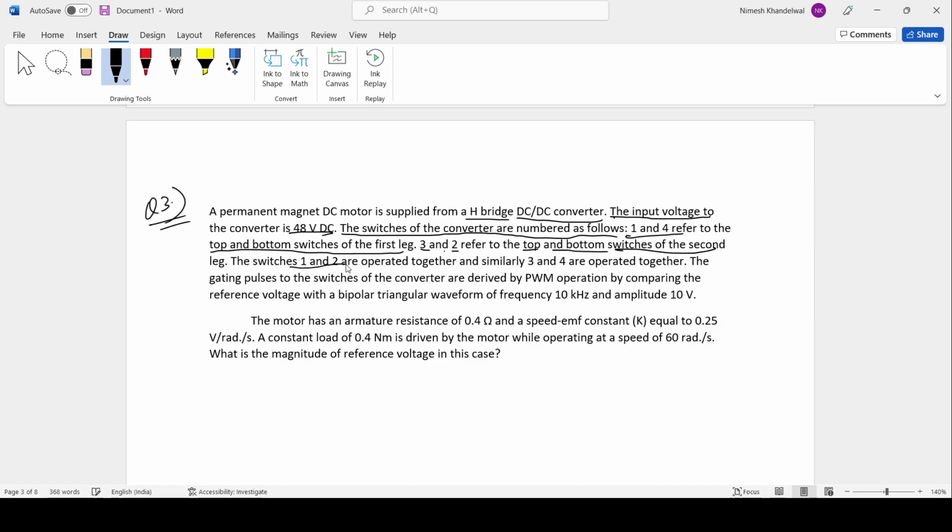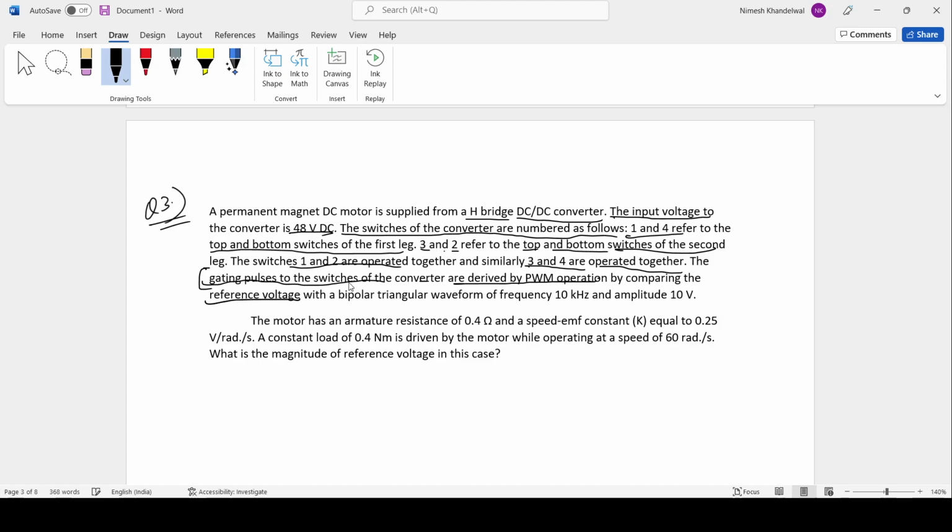Switches 1 and 2 are operated together, and 3 and 4 are operated together. The gating pulses to the switches, basically the gates of all these switches, are derived by PWM operation by comparing the reference voltage.